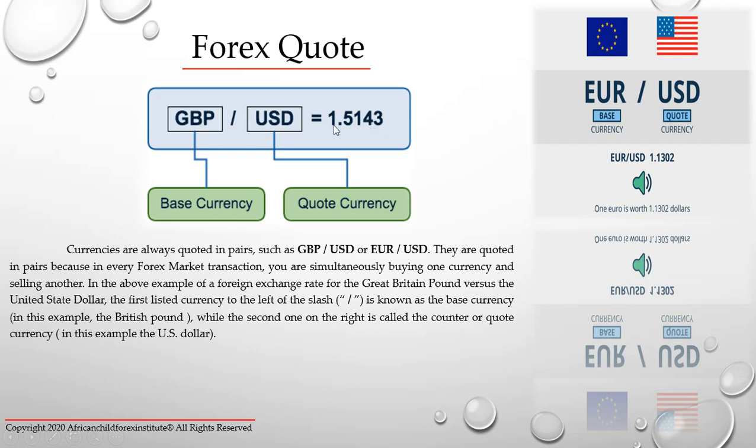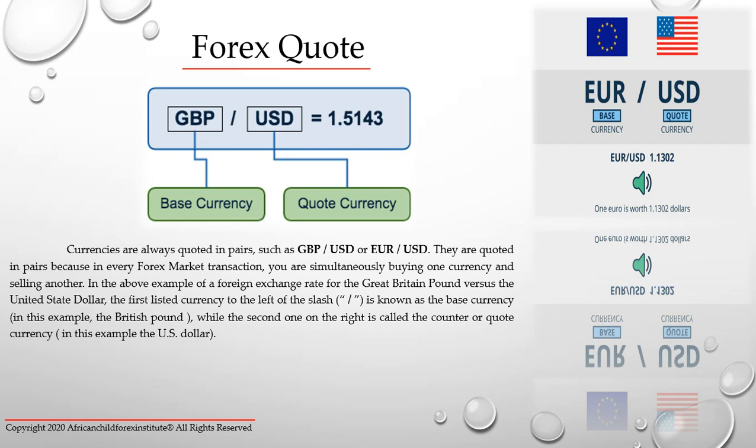So if it's about 0.something, then you're saying that the dollar is stronger than whatever the base currency is. Currencies are always quoted in pairs, so you get to understand which is the base currency and which is the quote currency. If you're buying the base currency, it means you're selling the quote currency.